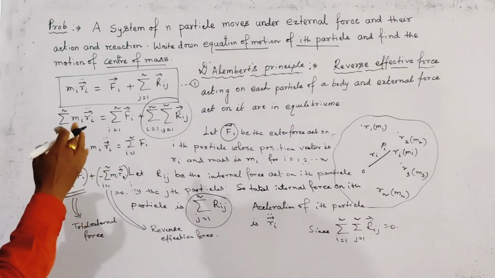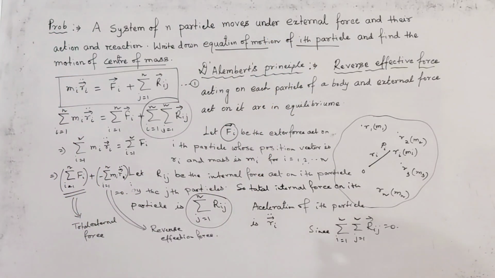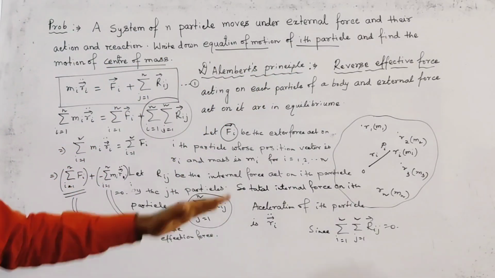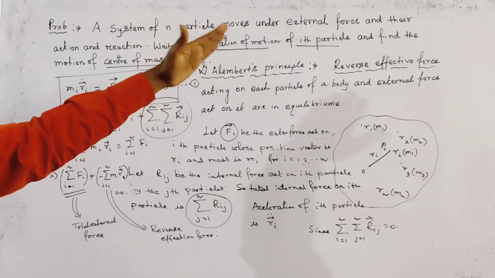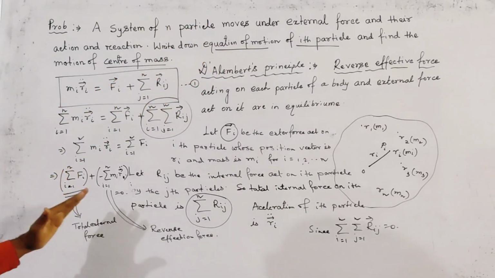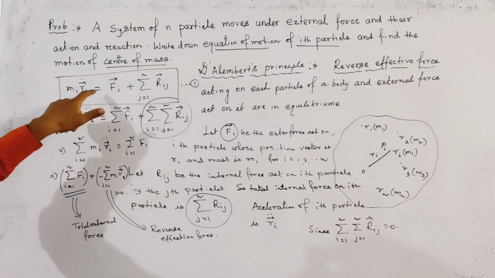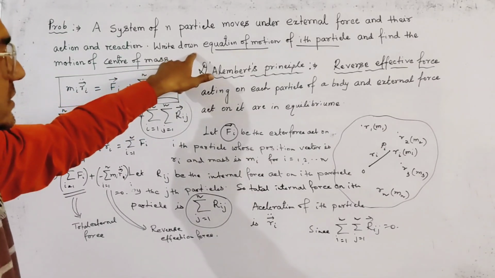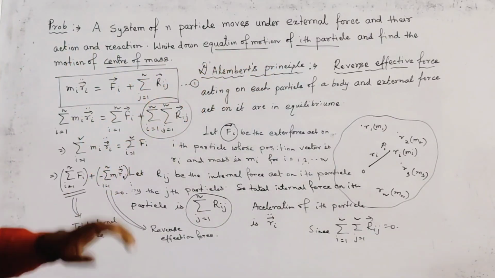In the meantime we also proved an important theorem of rigid dynamics, D'Alembert principle. We already have here the statement and the proof, and this is our first answer of the problem, the equation of motion of the ith particle.